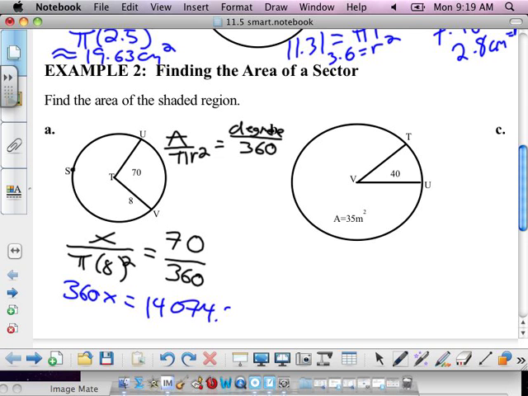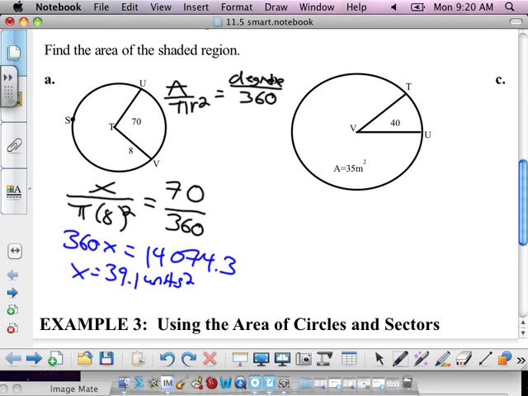And we're going to divide that by 360, and we get x equals 39.1 units squared. Is everybody okay with this so far? Any questions?